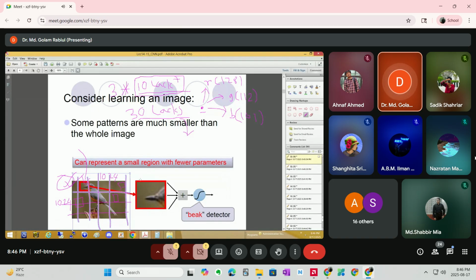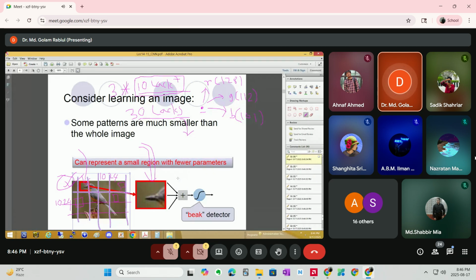So can we introduce something like a beak detector, an eye detector, a tail detector? Instead of learning the whole image, can we introduce some kernels, like a beak detector, eye detector, wings detector, leg detector, tail detector.